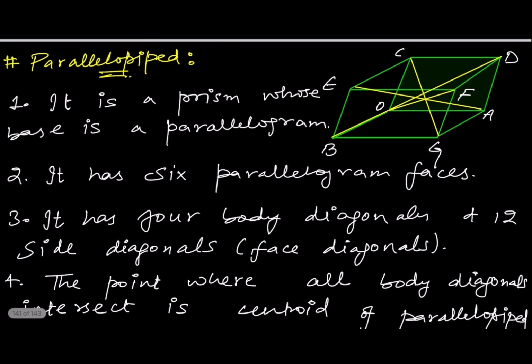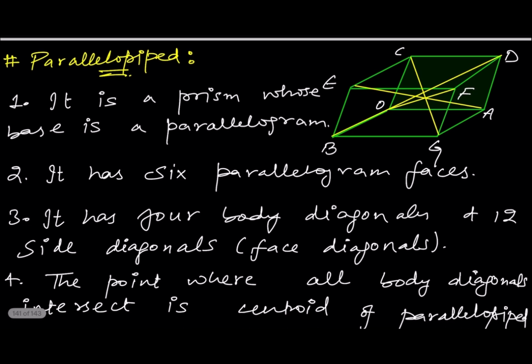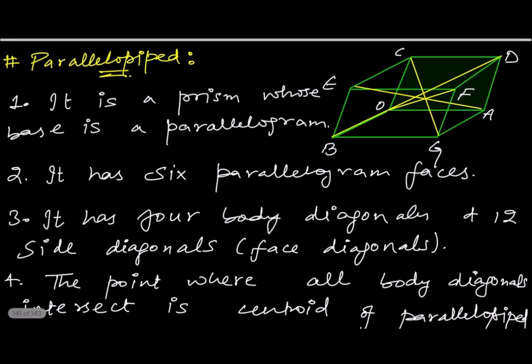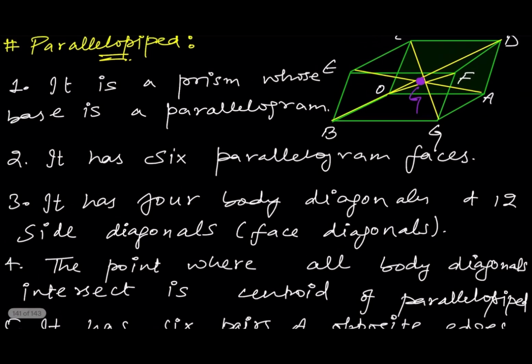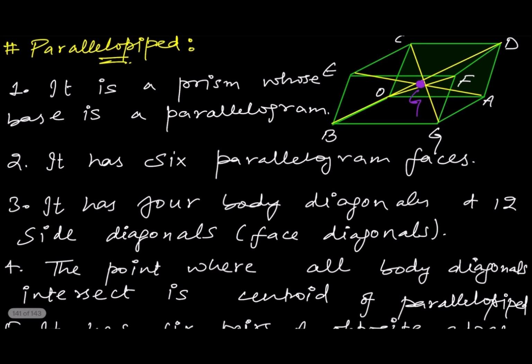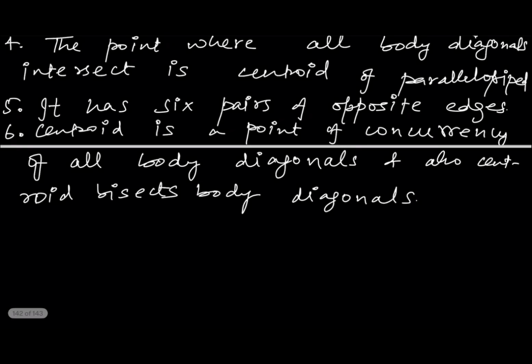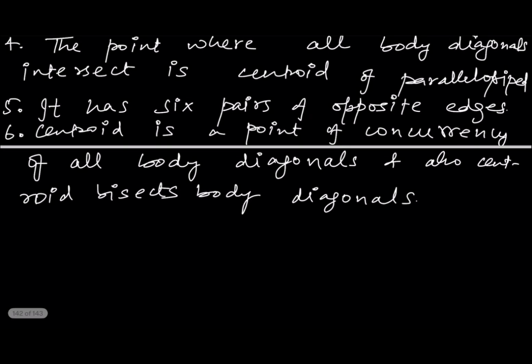They meet at a single point called the centroid, and this point, say this is G. Now I have to prove that this centroid also bisects body diagonals.